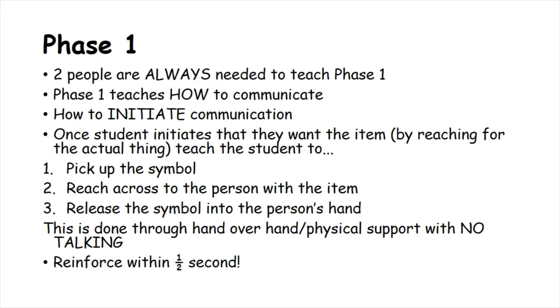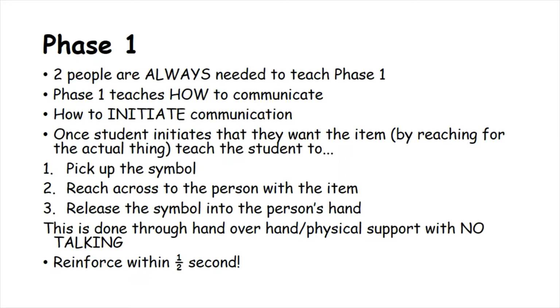So phase 1, you always need 2 people in order to teach phase 1. Phase 1 teaches how to communicate. There's no understanding of what the symbol means at this point, and it teaches how to initiate a communication.